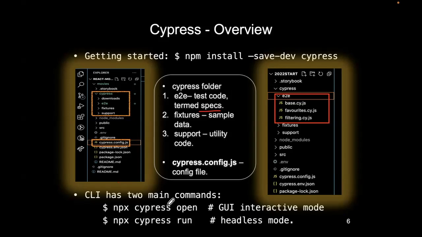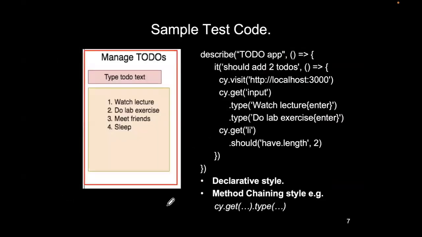Now, what does a Cypress test spec look like? That's what I'm showing you here. On the left, let's suppose we've got this very simple little web app, which could be written in React or any other web framework. It's your standard to-do app.